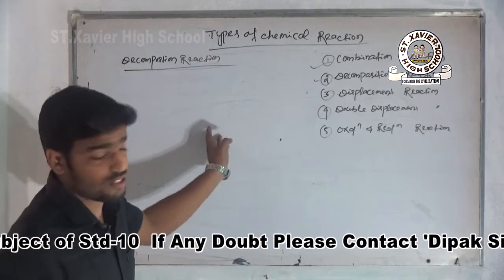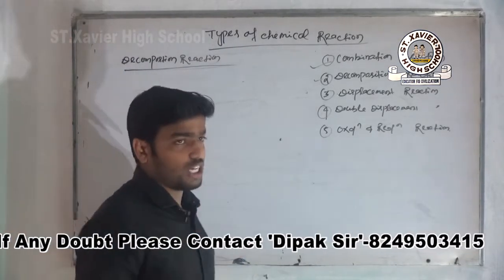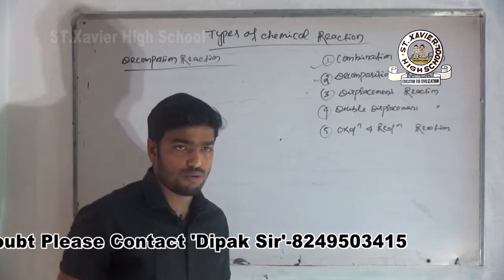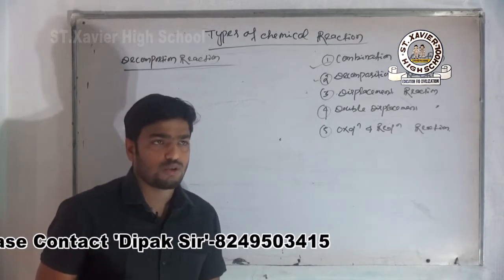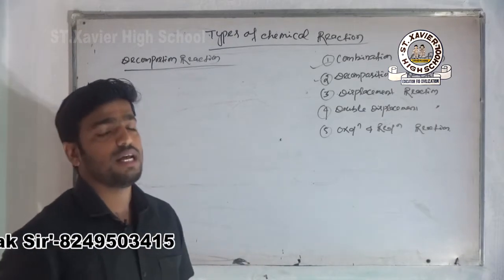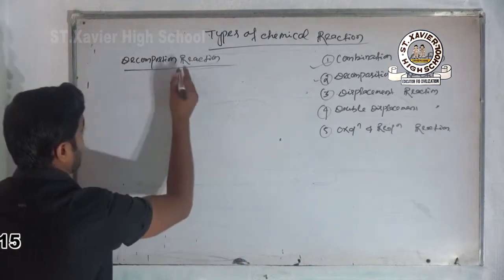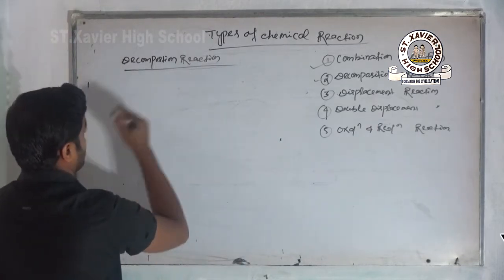Then comes the definition. What will be the definition of decomposition reaction? The reaction in which a single compound splits off to give 2 or more simpler substances is known as a decomposition reaction. Let us write it.